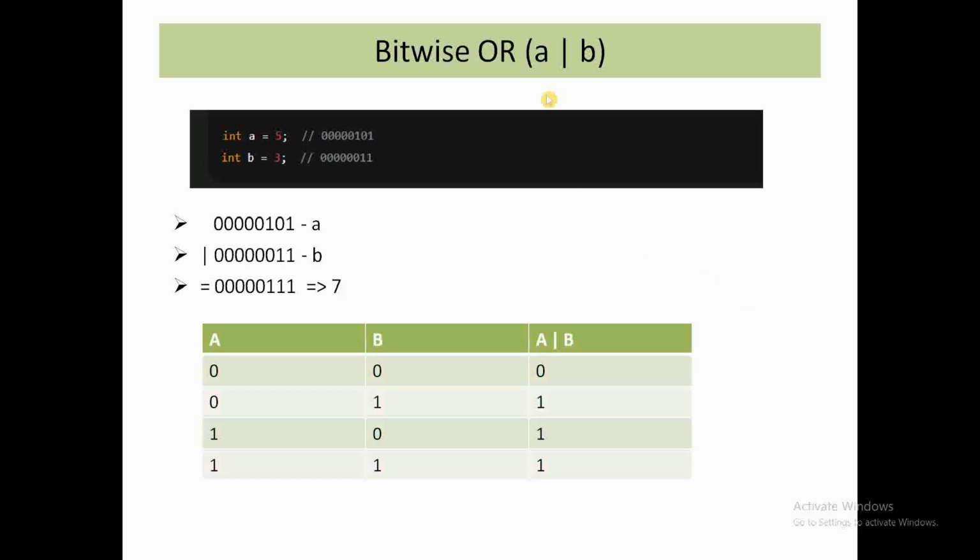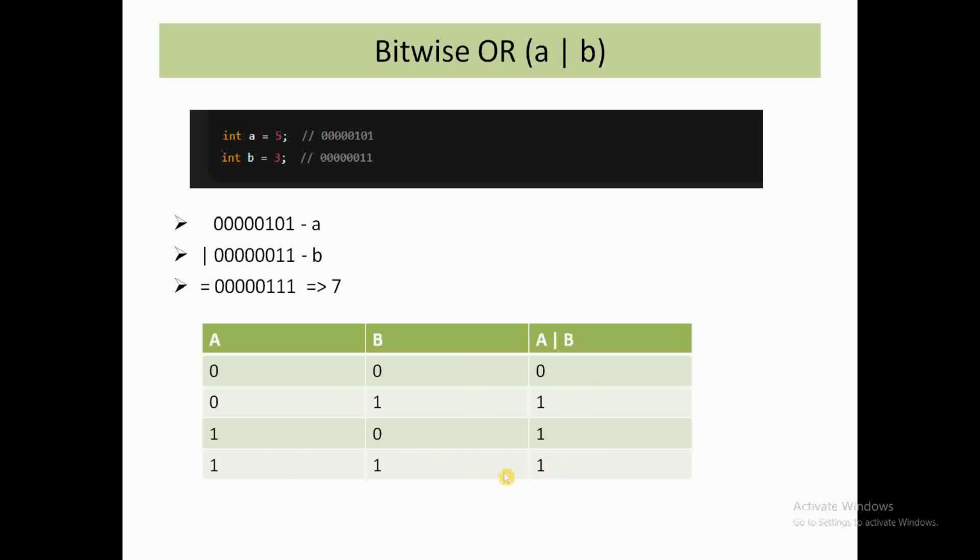Next one we have is the bitwise OR operator. Here are the same binary place values we get after converting 5 to binary, and converting 3 to binary. So we get these values from 5 and 3. We have a truth table here for the OR operator also: false, false, false; false, true, true; true, false, true; true, true, true.